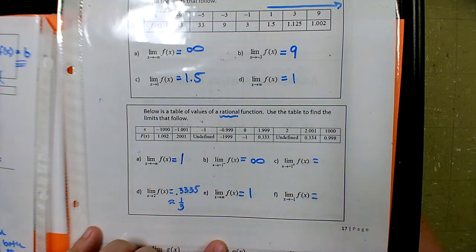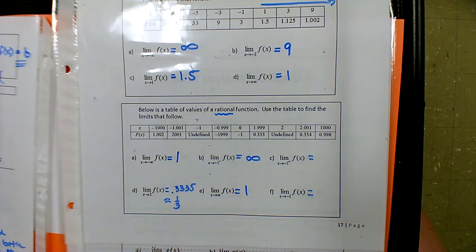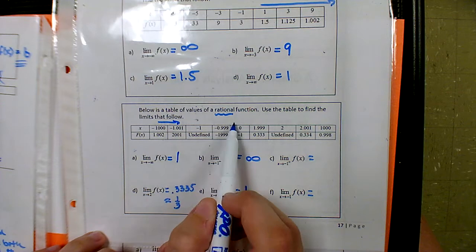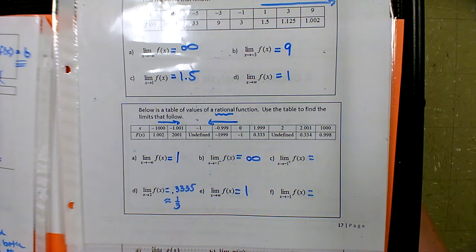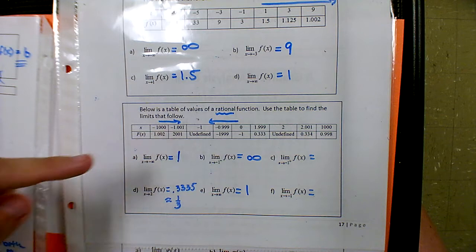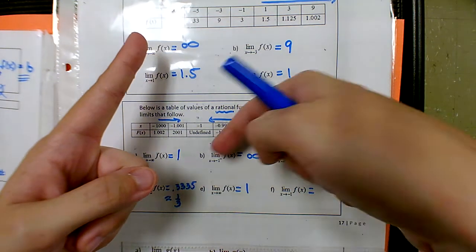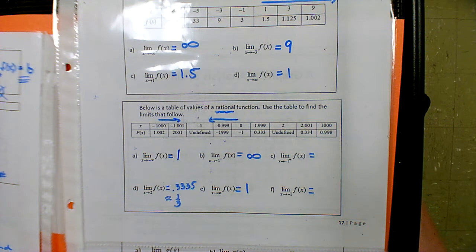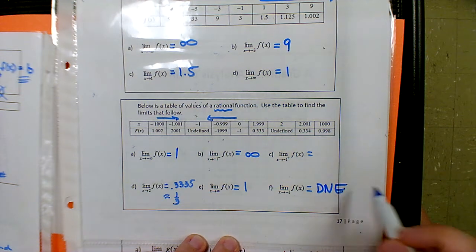When you take a look at F, as you approach -1 from the left and the right, are they meeting up? We said the left-hand side is going up forever. The right-hand side looks like it's going down forever. Those are not meeting up, right? We have this motion, kind of like an asymptote going on. So that would be it does not exist.